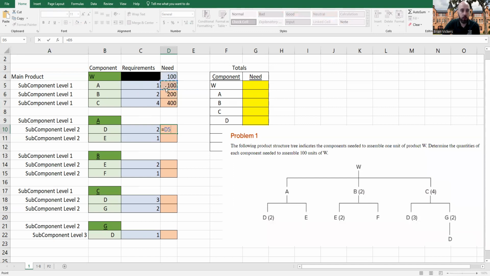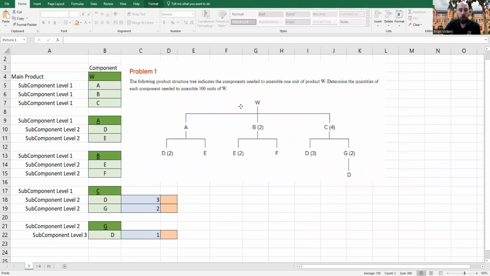This is level 1 A's. The net need of that is 100 of them, and so we're going to have 100 of them times 2. So let's lock that in, multiply it by the 2 here. This tells us for every 100 A's, we're going to need 200 D's just to make that product. And then we can drag this down to say that we're going to need 100 E's as well.